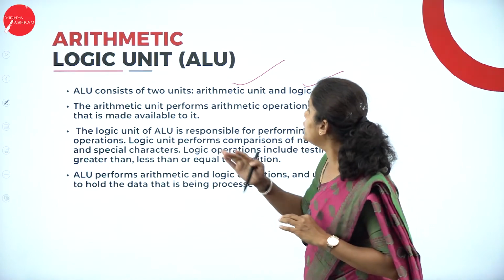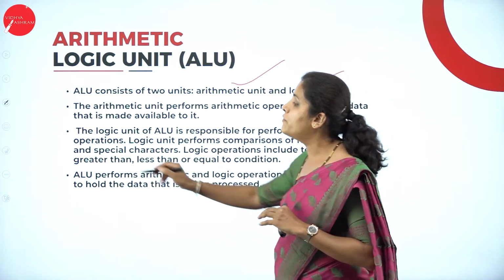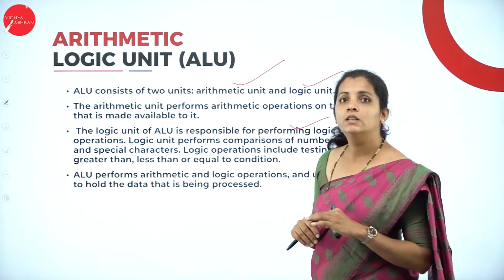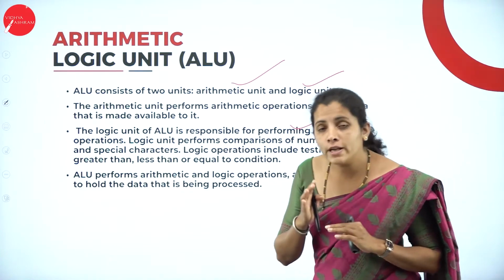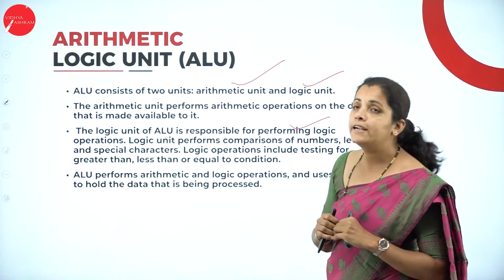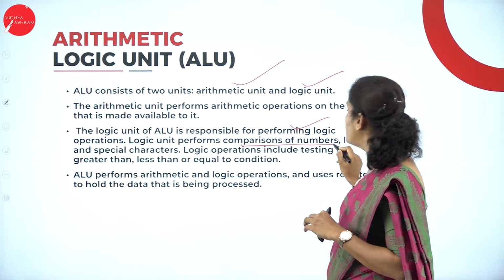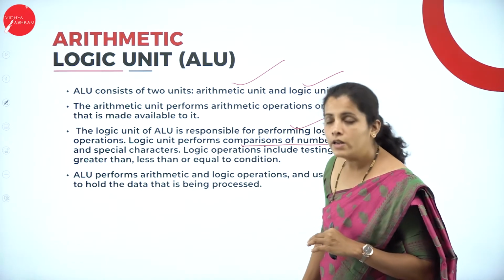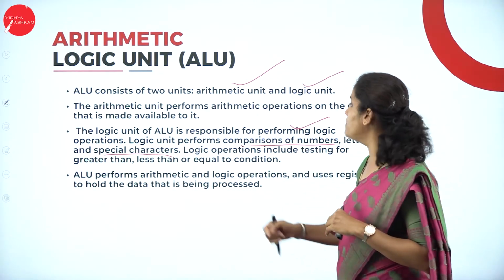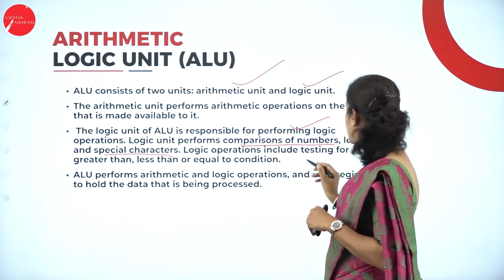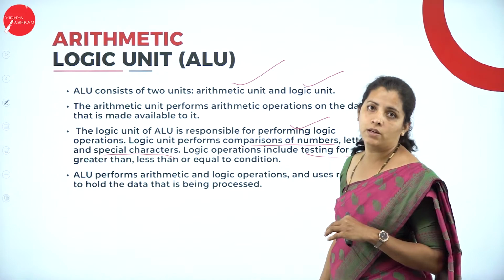The logic unit is responsible for performing all kinds of logical operations. It is also responsible for performing comparison of 2 numbers or letters and special characters. At the same time, logic operations include testing for greater than, smaller than or equal.